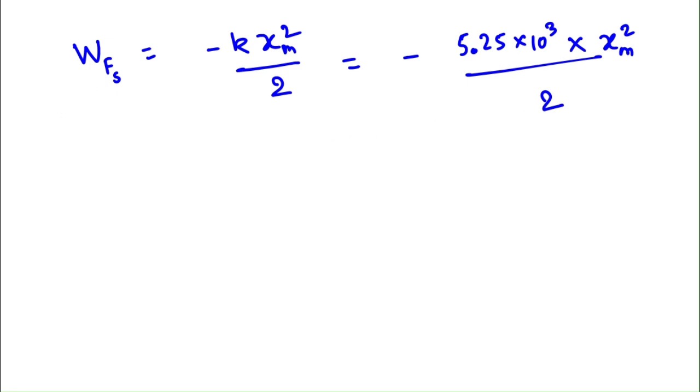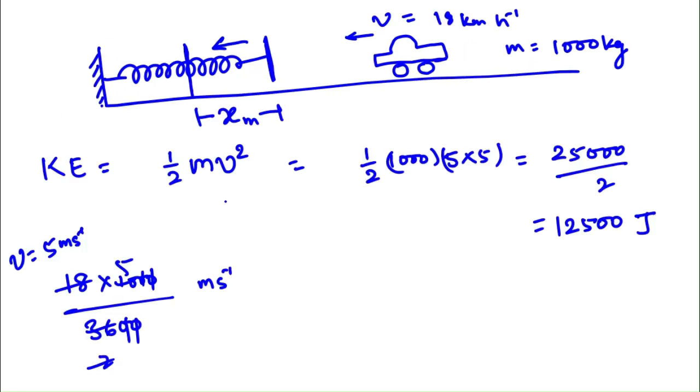And what is happening here? This car has some kinetic energy, and finally this car comes to rest, so it is going to do an energy transfer of 12,500 joule.